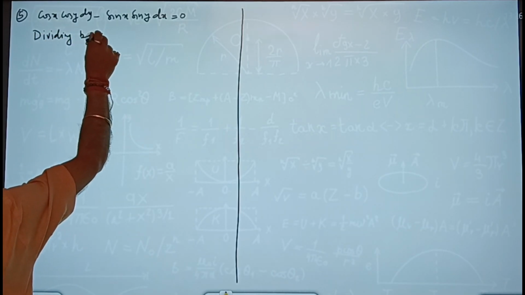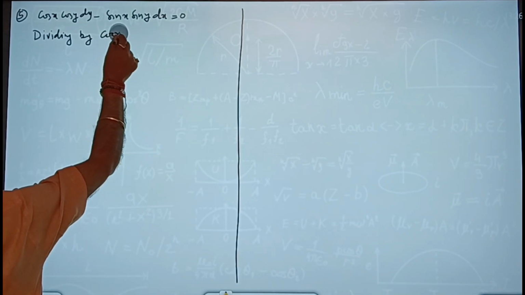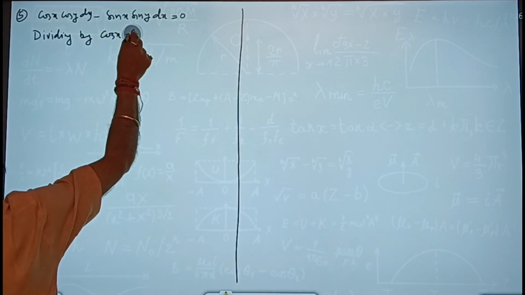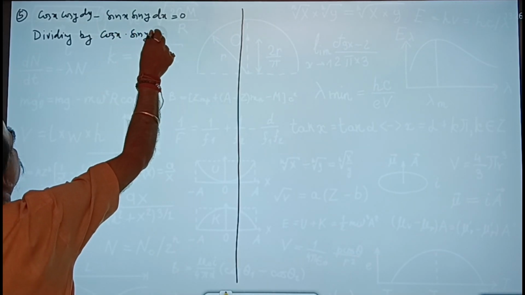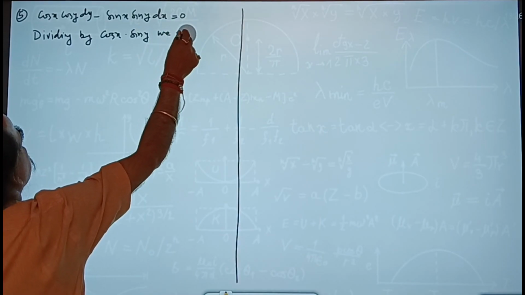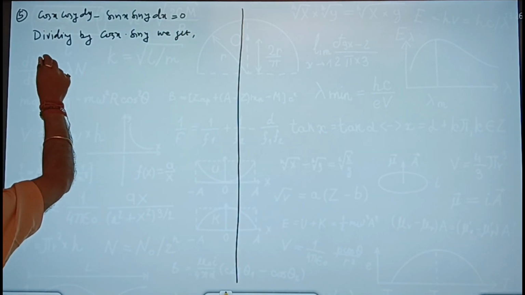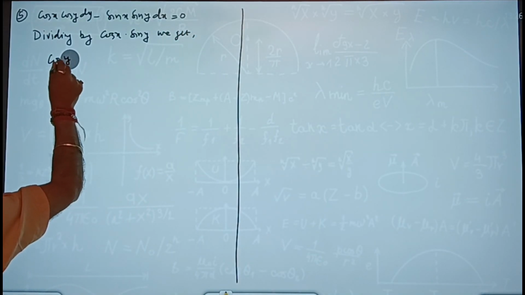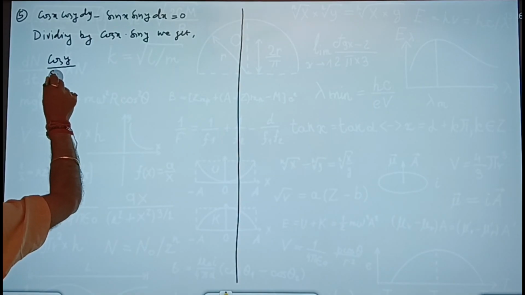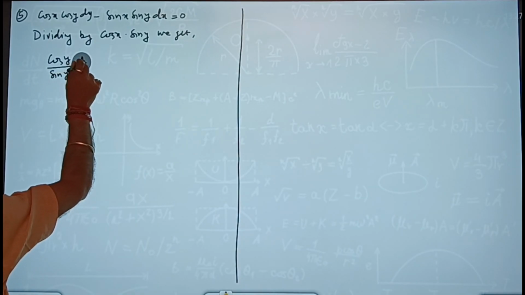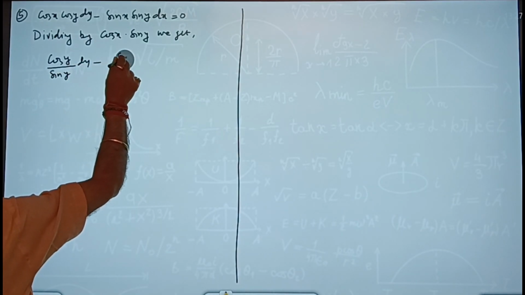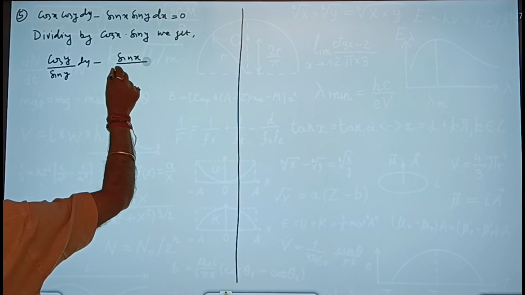Dividing by cos x into sin y, we get cos y upon sin y dy minus sin x upon cos x dx.